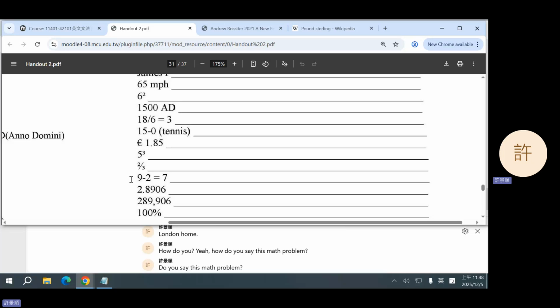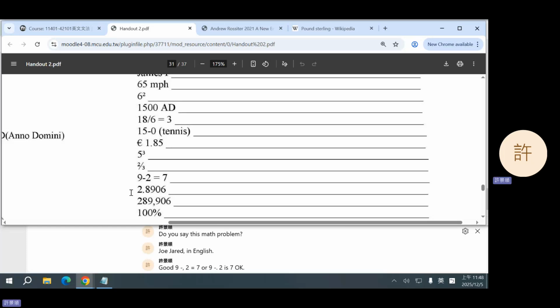Good. 9 minus 2 equals 7. Or 9 minus 2 is 7.